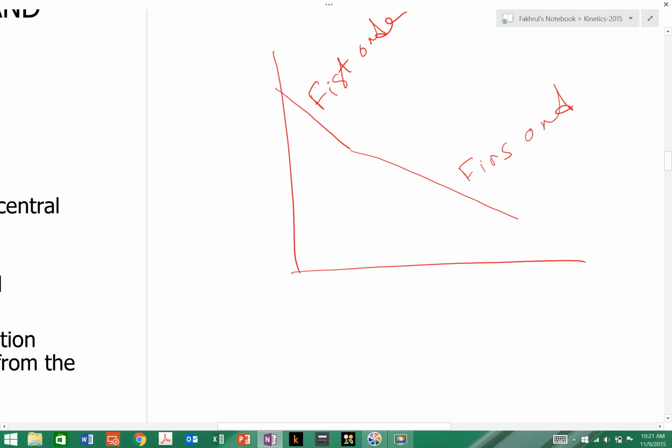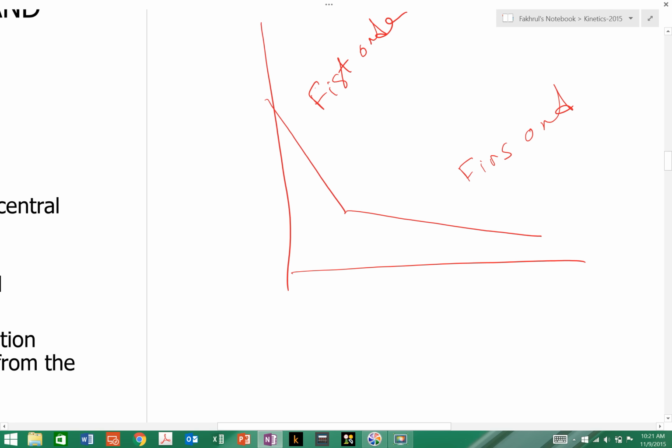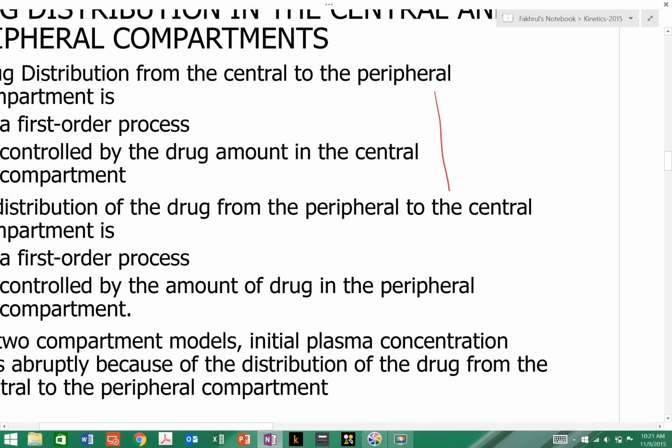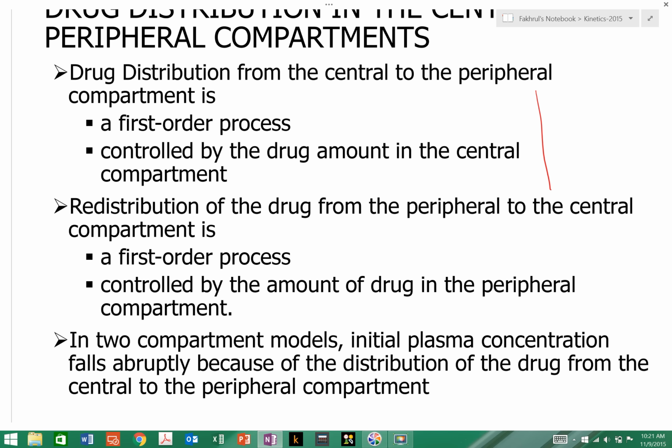So to make things better here, this is also first order. So that's why it is written that elimination is a first order process controlled by the drug amount in the central compartment, and redistribution from the central to peripheral is also a first order process. The amount of drug is controlled by the amount of drug in the peripheral compartment.